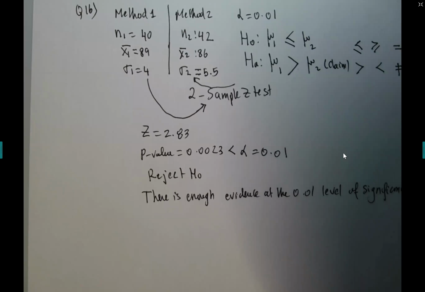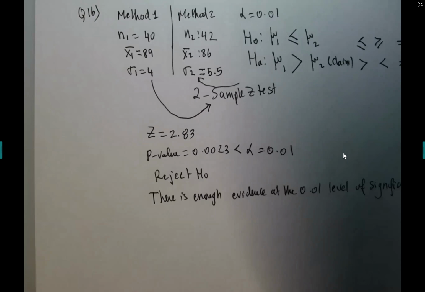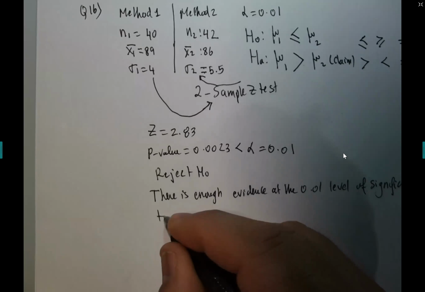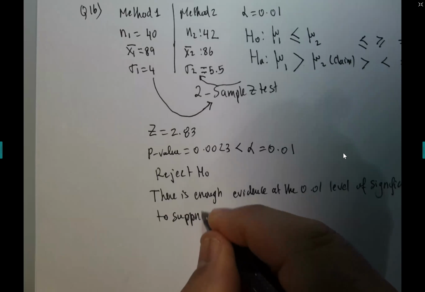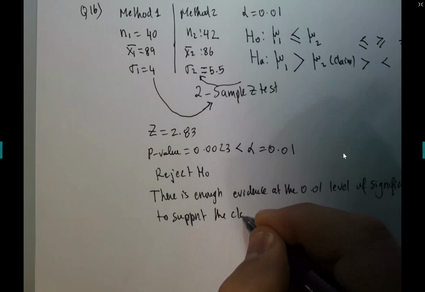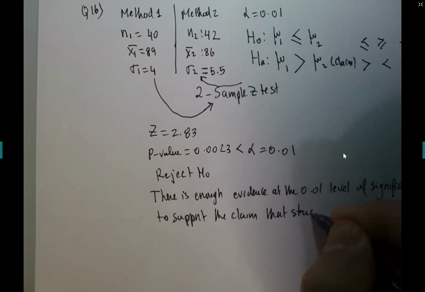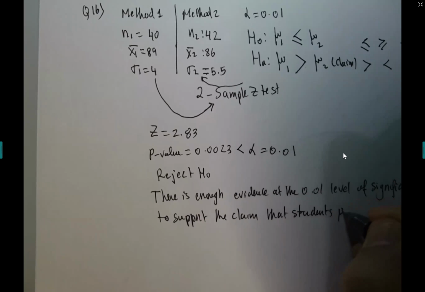Turned out the true outcomes were very different from what the polls said. So there is enough evidence at the 0.01 level of significance to support the claim that students perform better with method 1.